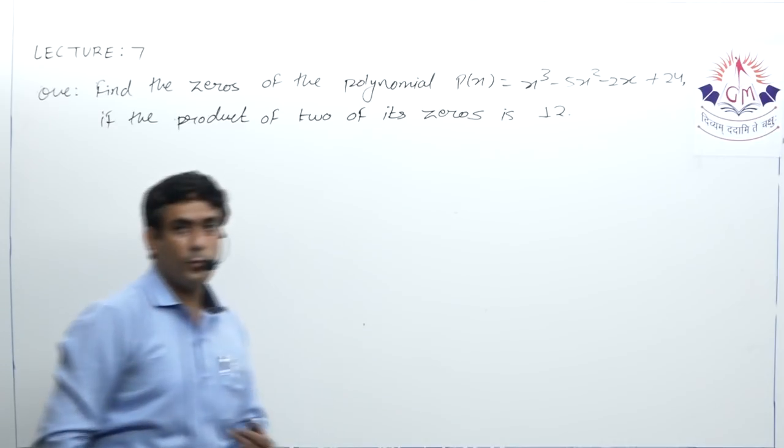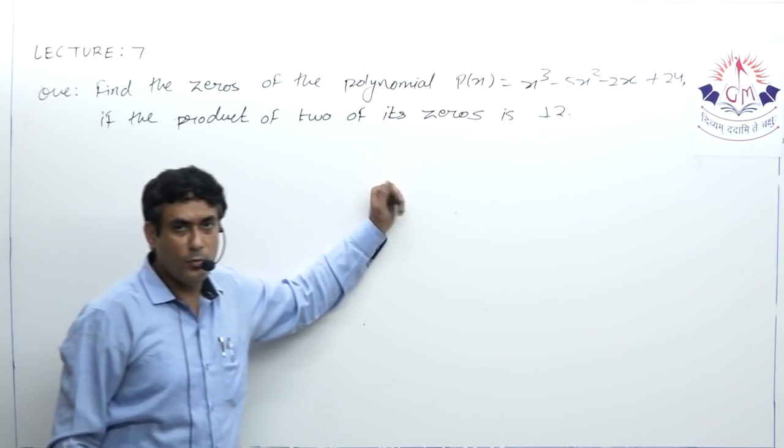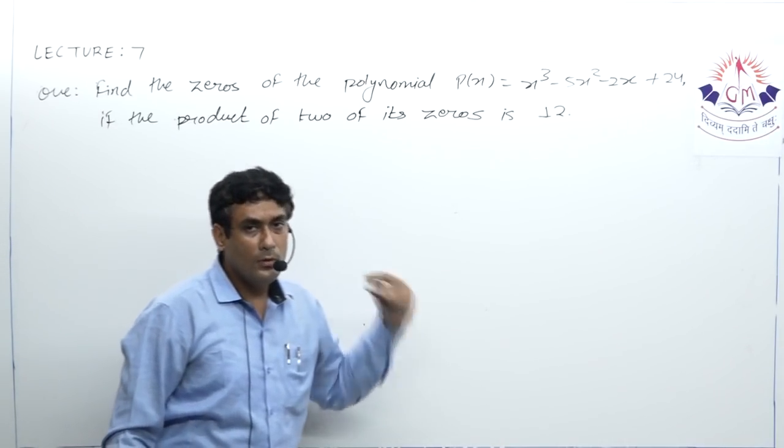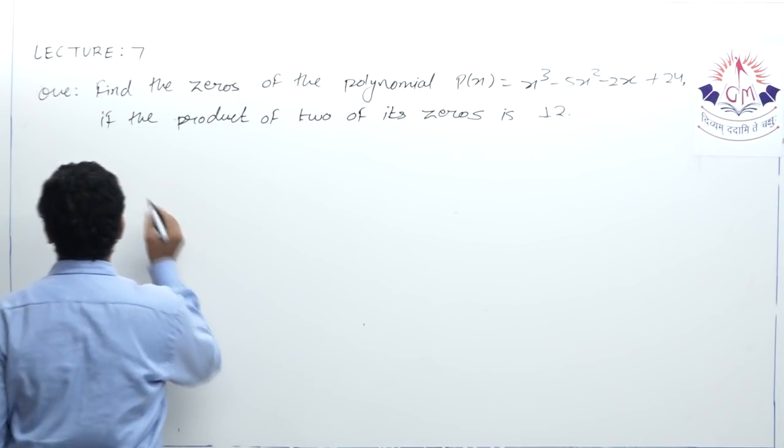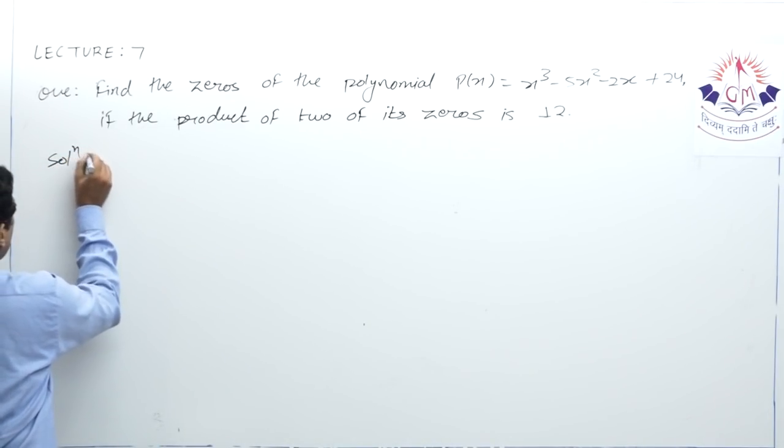Okay, so it is given the product of two zeros of this cubic polynomial is 12 and you have to find its zeros. So let us see its solution.